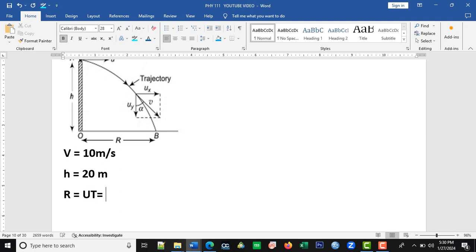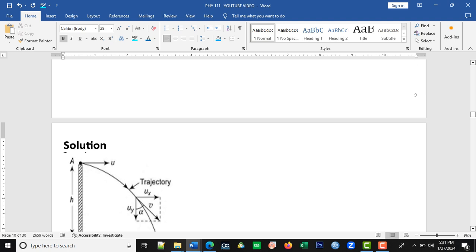Now, we have the u here, but we don't have the time. So we are going to solve for the time, and then with that we would be able to find the range.